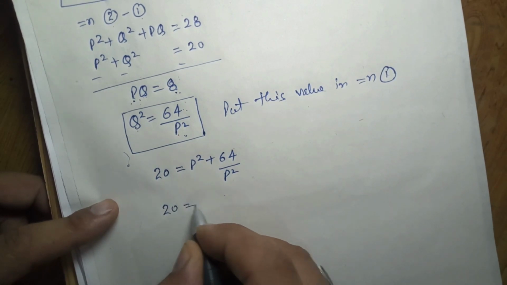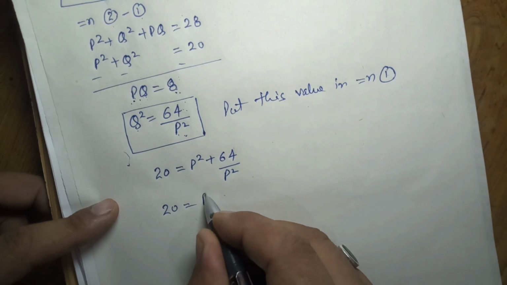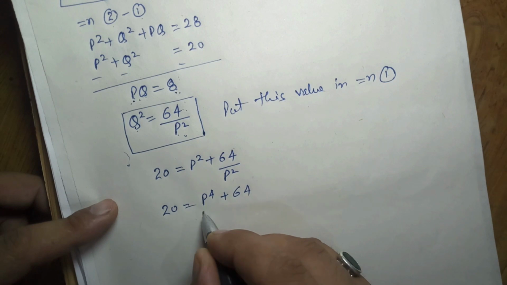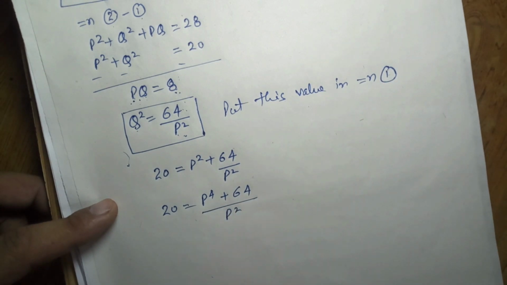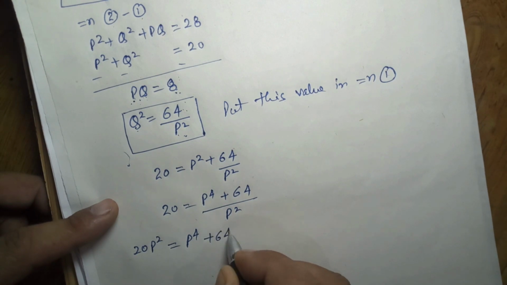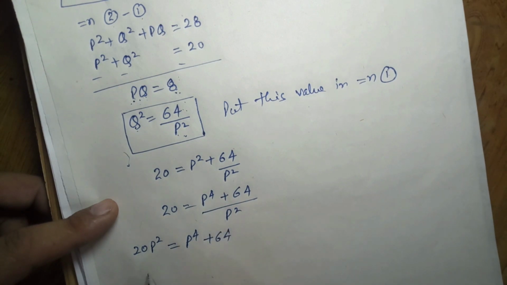So it will be P power 4 plus 64 divided by P square, right? Now it will go to this side. So 20 P square is equal to P power 4 plus 64. Now we simplify the equation and we get P power 4 minus 20 P square plus 64 equal to 0.